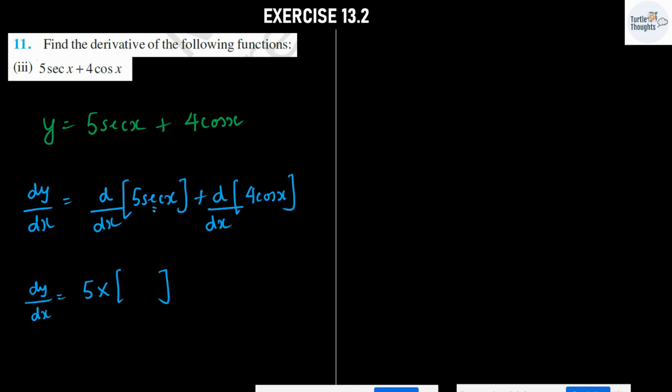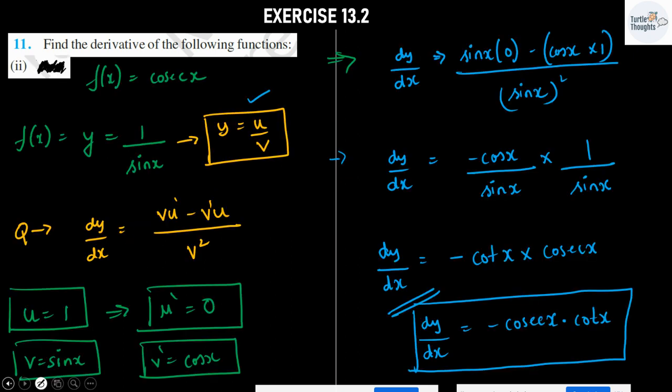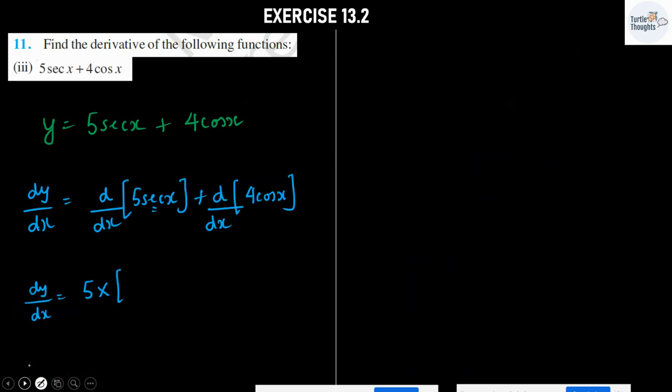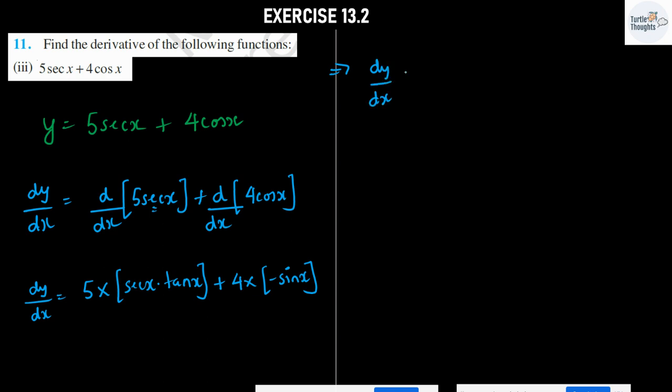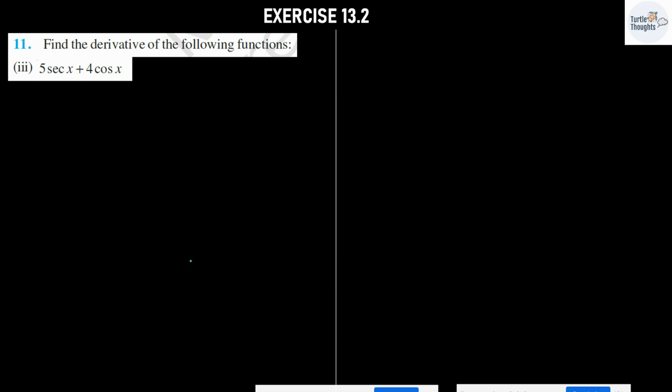dy by dx can be written as, 5 is constant, 5 can be taken outside. What is the differential of secant x? The differential of secant x is going to be, we just found out, right? Secant x tan x. Secant x multiplied by tan x, plus 4 can be taken outside, multiplied by the differential of cos x, which is going to be minus sin x. dy by dx can be written as 5 secant x multiplied by tan x, plus into minus is going to be minus.